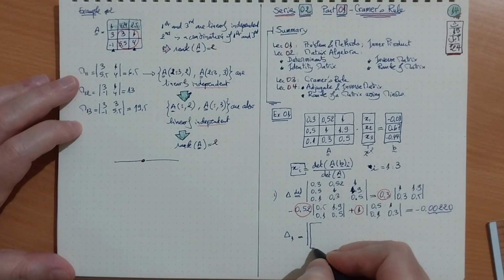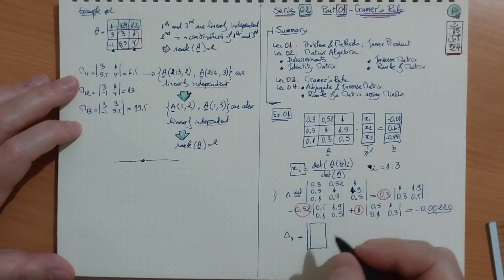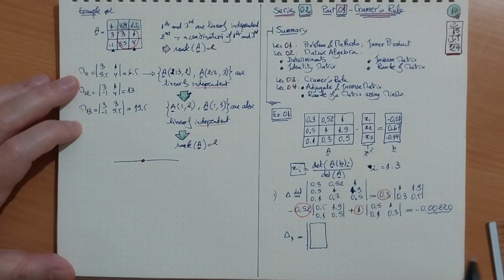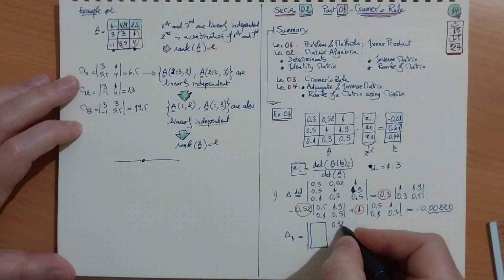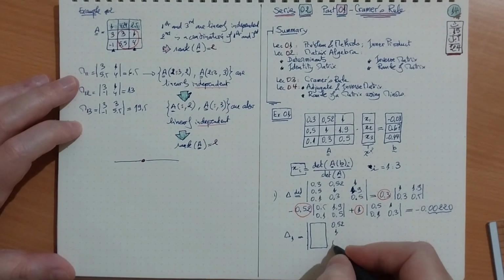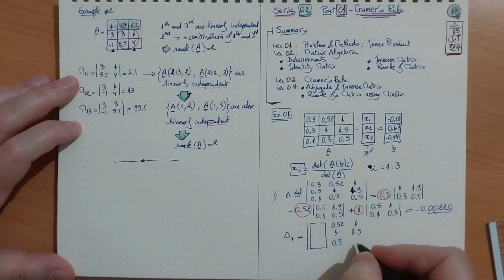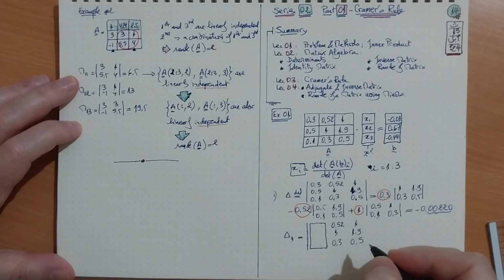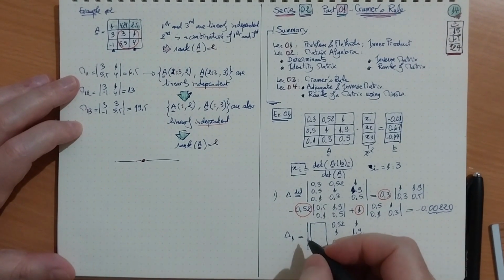So the first column, we reserve it for B, and the others from the mother matrix. So here 0.52, 1, 0.3, 1, 1.9, and 0.5. And here we put the vector.